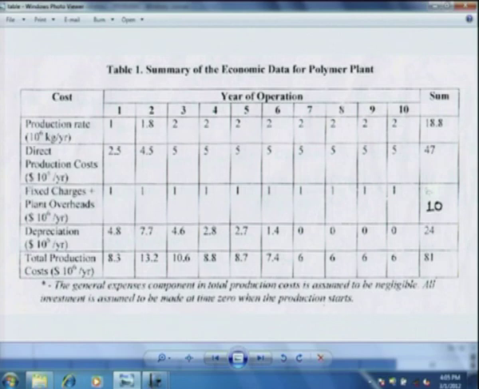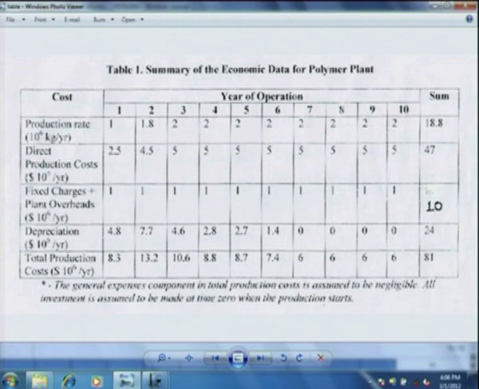In the first year, the production rate is only 50%, that is 1 ton or 1 into 10 to power 6 kgs per year. In the second year, it is 1.8, and third year onwards, it is full capacity utilization, 2000 tons. So over a period of 10 years, the total production of the polymer is 18.8 into 10 to power 6 kgs per year.